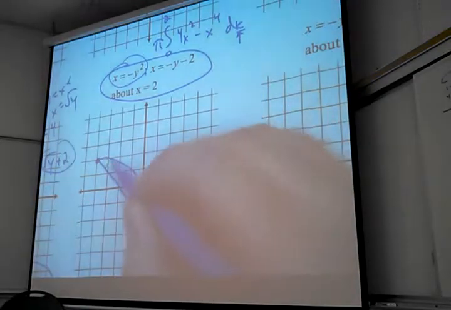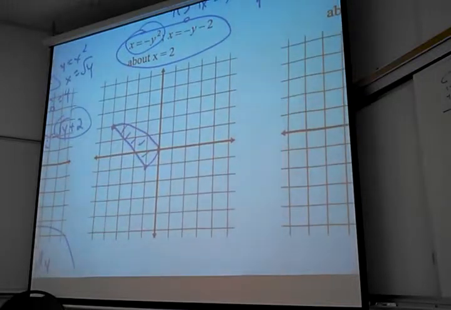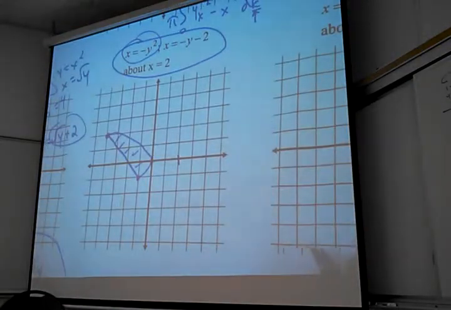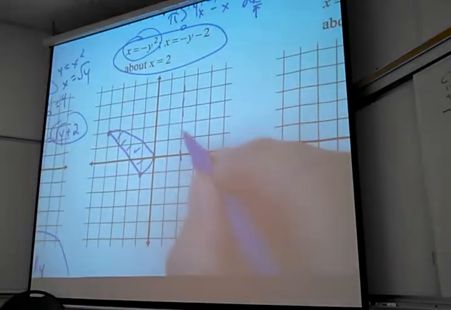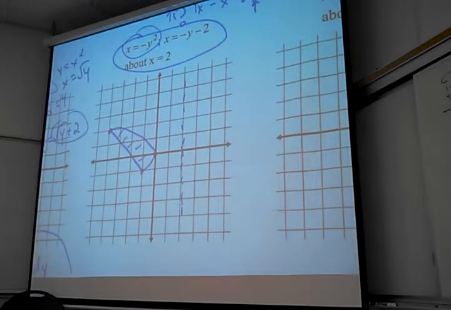So this is the region that we're talking about. And on top of that being a weird region, we are rotating about x = 2. So let me give you guys a couple minutes here to figure out the inner and outer radius.